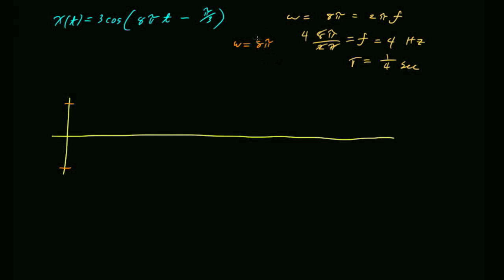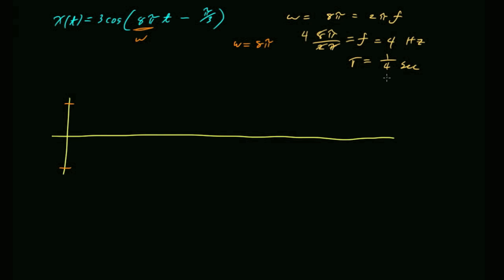Okay, so omega equals 8 pi radians per second, which means that my frequency in hertz is omega over 2 pi, always, which is 4 hertz.